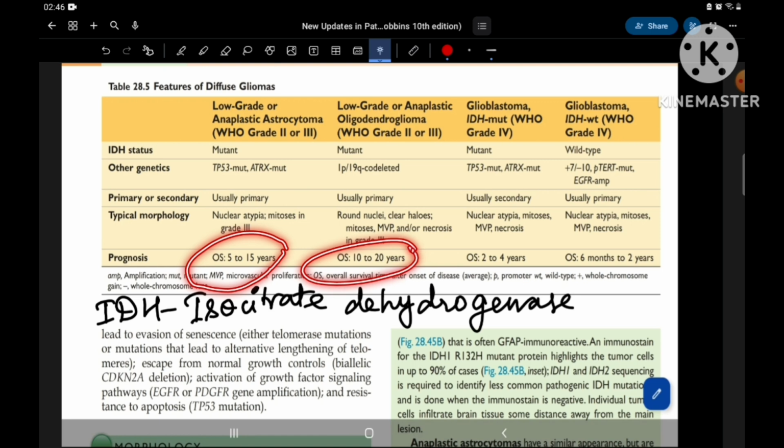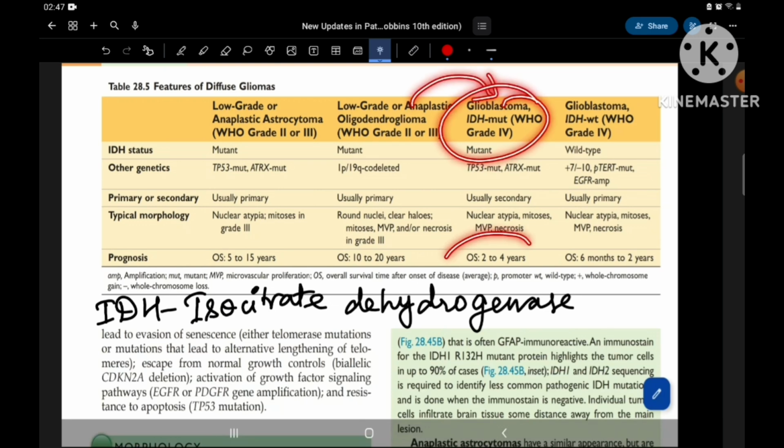So if he is diagnosed at 40 years, we could give a survival of up to 60 years. But suddenly, when we fail to diagnose, automatically his survival becomes 2 to 4 years. That's why this is important.